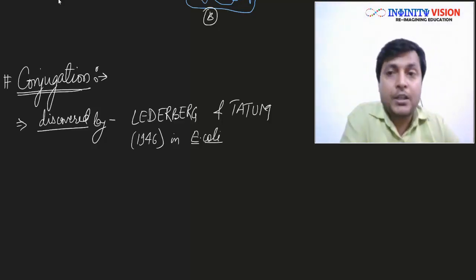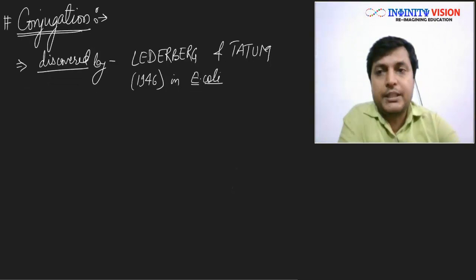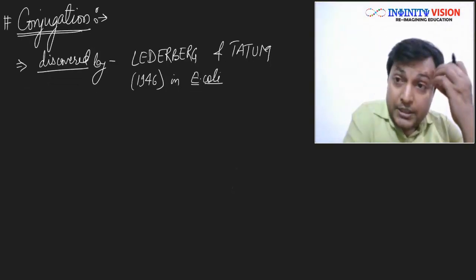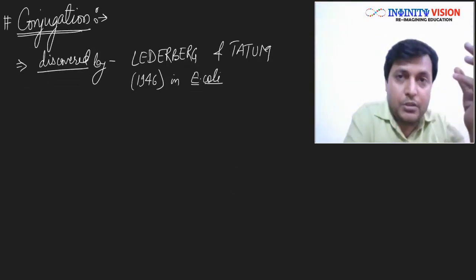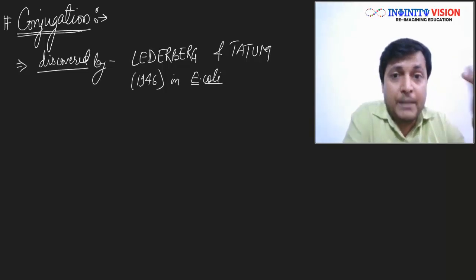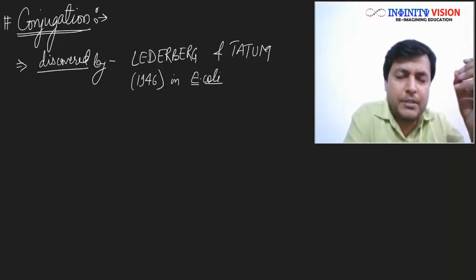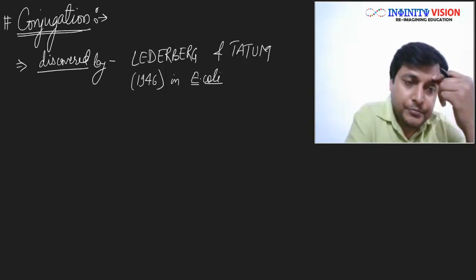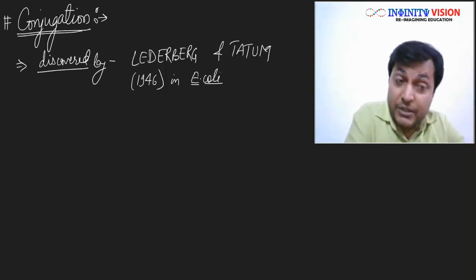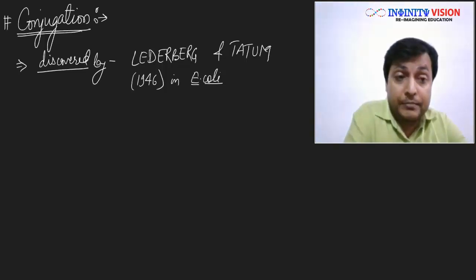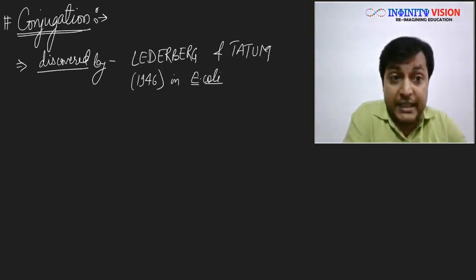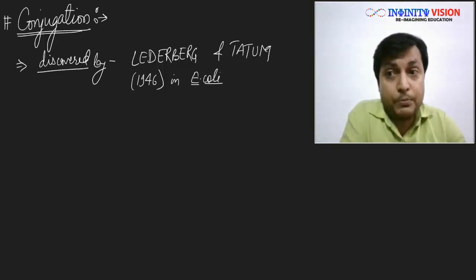Now what is that? We have already talked in brief about conjugation when we were studying plasmids, as well as when we were talking about pili. Okay, so when we were talking about sex pili or longer pili, then also we spoke of conjugation.